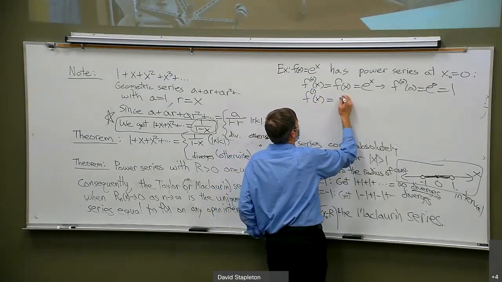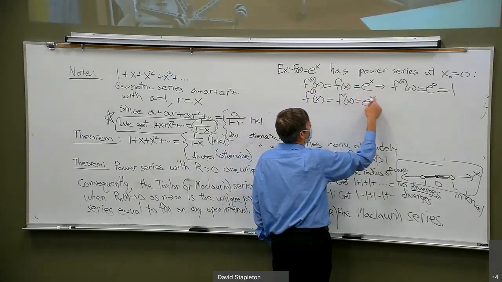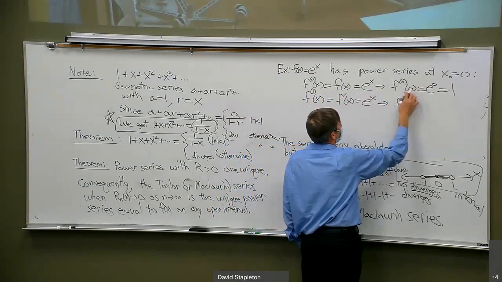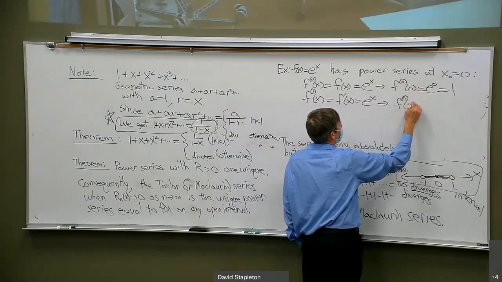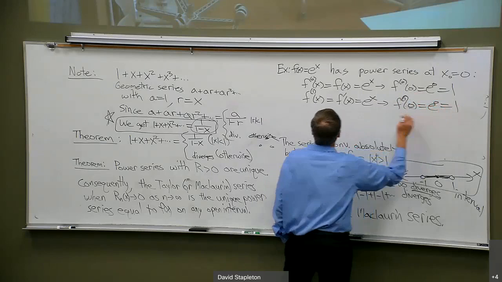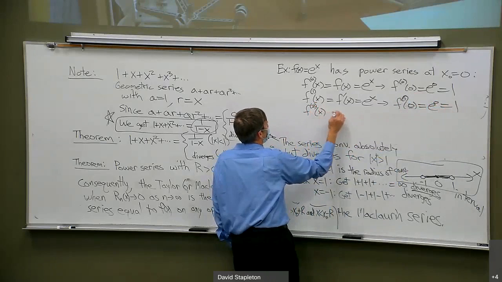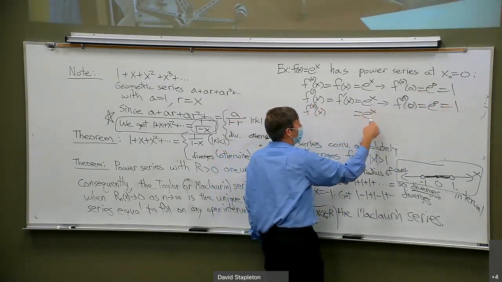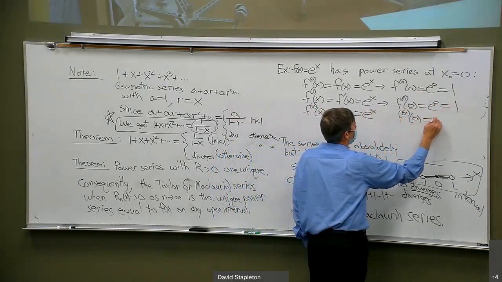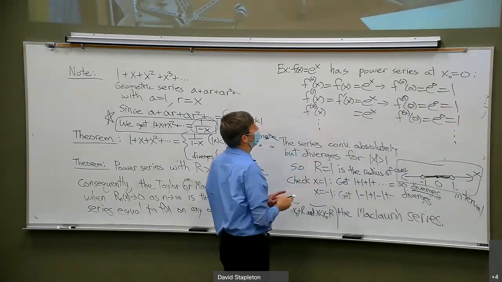So the first derivative is just the usual f prime of x, is also e to the x, right? E to the x is its own derivative. So the first derivative of f at 0 is also e to the 0 is 1. And you just keep going, right? The second derivative with respect to x is e to the x because it's a derivative again. So the second derivative at 0 is e to the 0 again, is again 1, and that just keeps going forever. All derivatives are equal to 1.